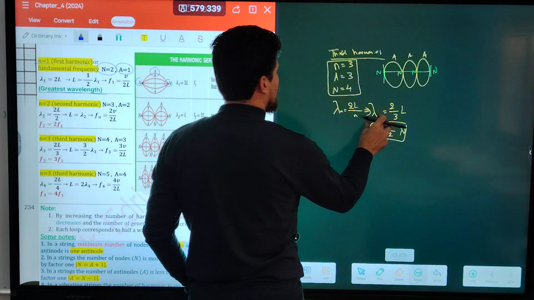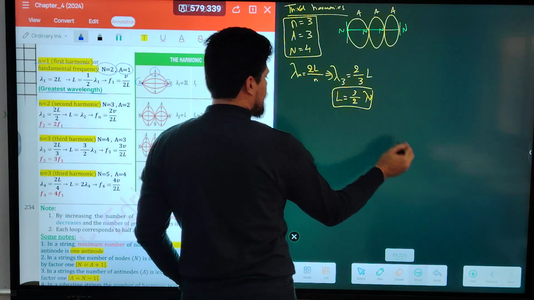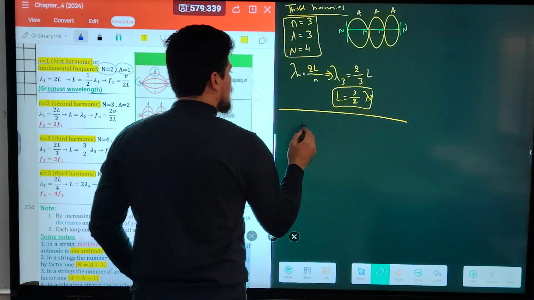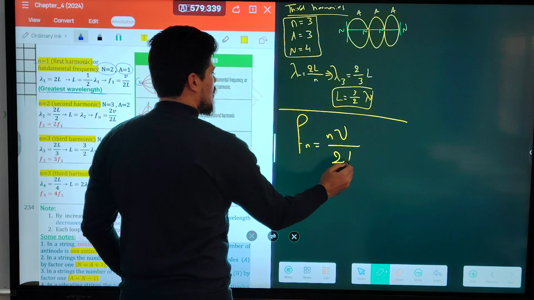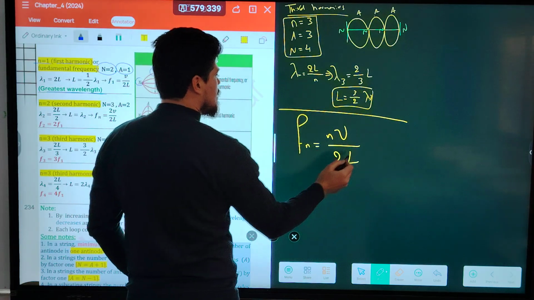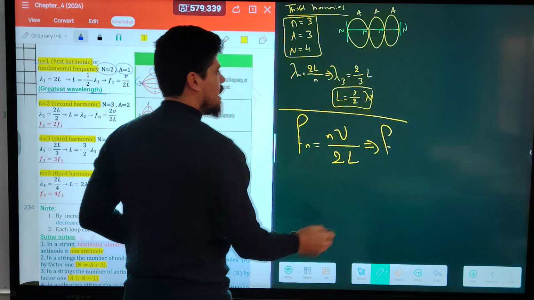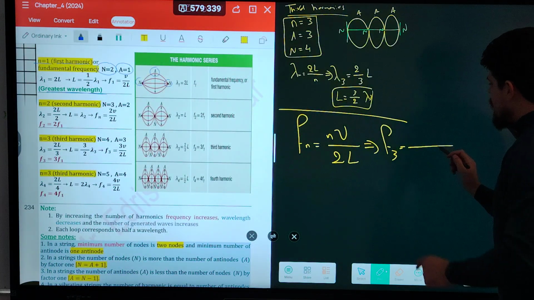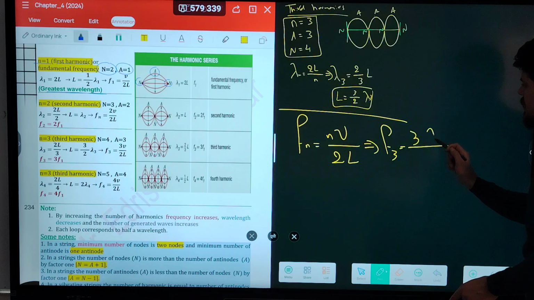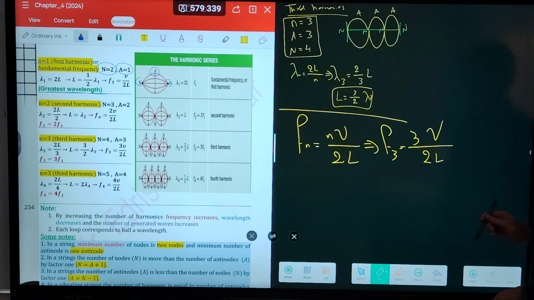Look. Frequency equal to what? Fn is nV over 2L. n is equal to what? n is equal to 3, third harmonic. 3 times V over 2L. Guys, V over 2L is not equal to F1?